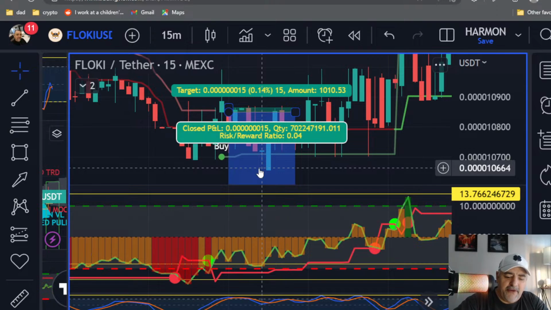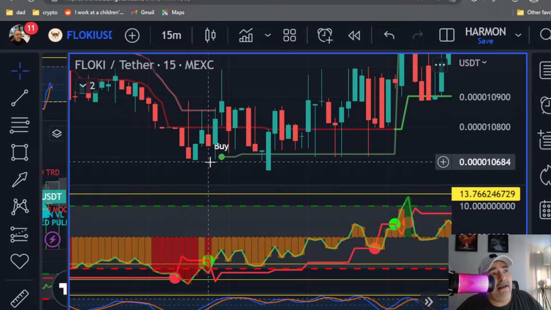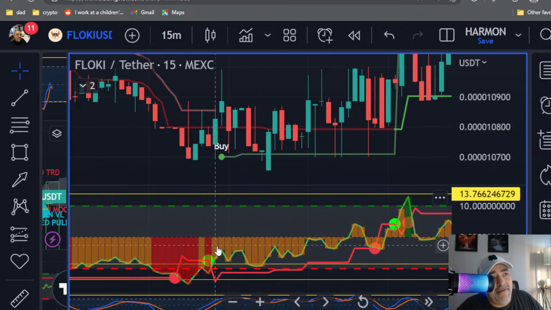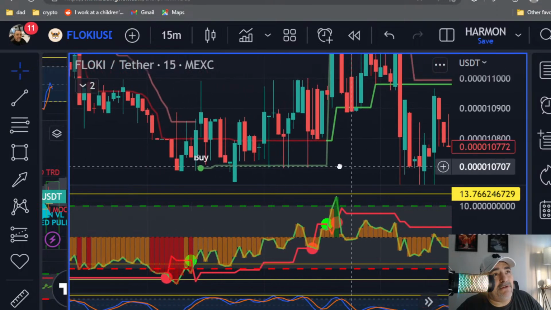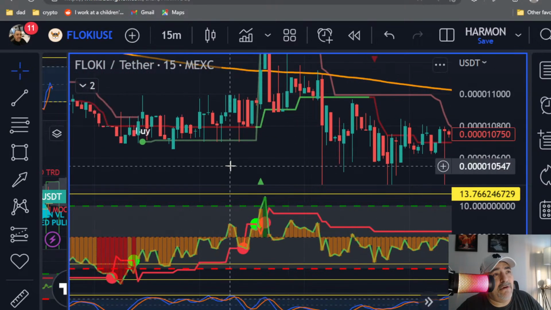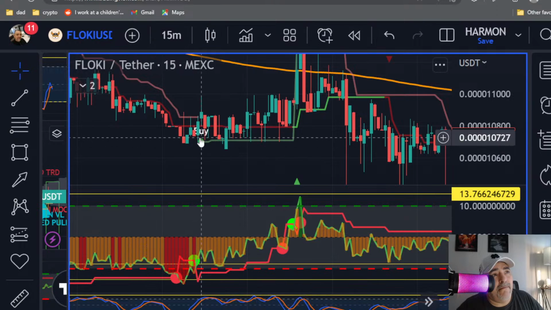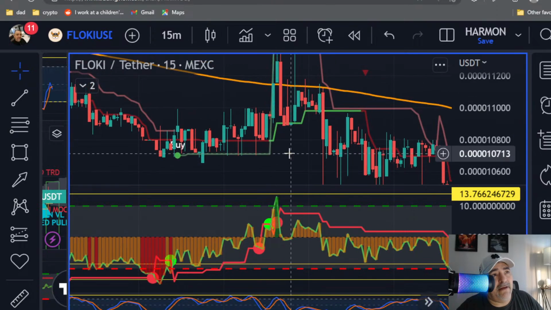Negative volume. Okay, I got a negative volume spot, right? So this is moon, buy, with a moon and a buy, negative volume. Not worth getting into a trade until you see moon, buy, trend.